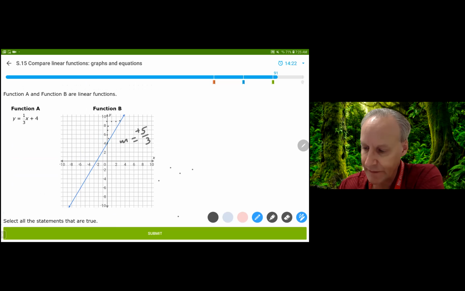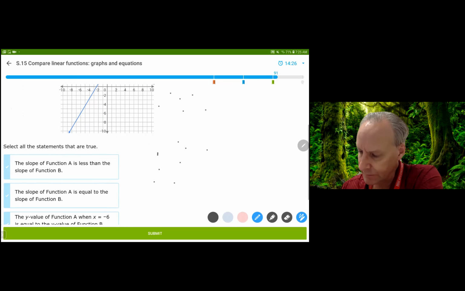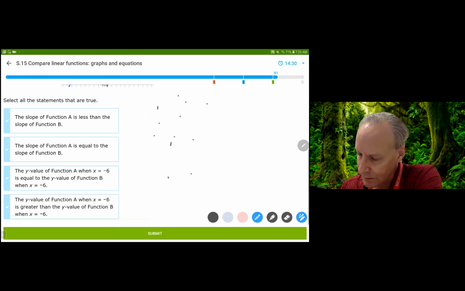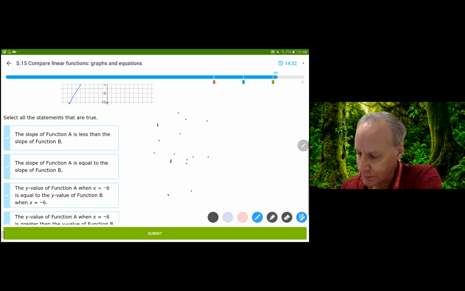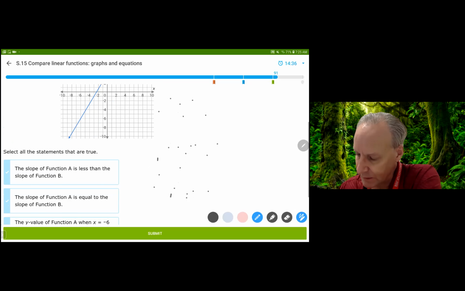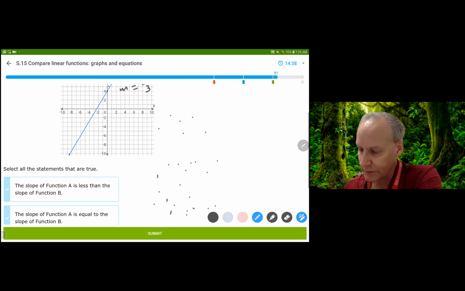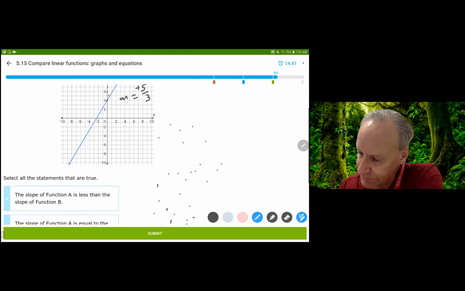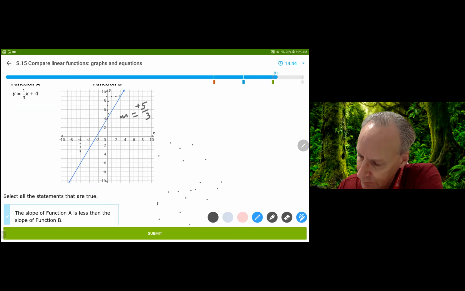Obviously much larger than function a. So function b has a larger slope. Okay, so they only want the one that's true. Okay, so let's compare the y values at x equal -6. So we're going to compare our y values at x equals -6. For function b, that's going to be -6, -6.